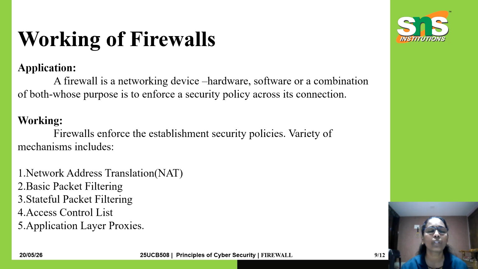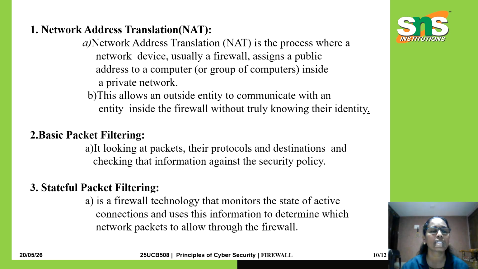When we are transferring data from one system to another through the ISO OSI reference model, we have 7 layers, from the application layer towards the physical layer. These layers provide secured transmission of data from one place to another. The working of a firewall consists of network address translation, NAT.